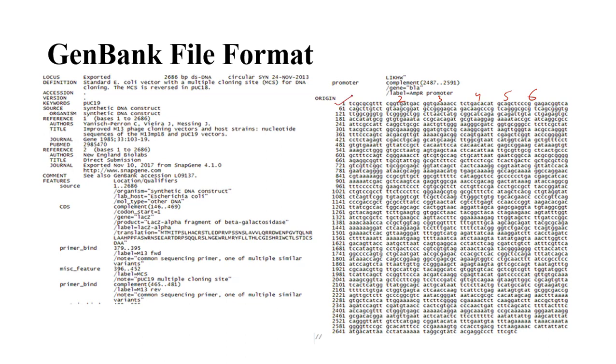The sequence starts from 1, ending at 60; then 61 to 120. In MCQs, in your syllabus MCQs don't come, but if somebody asks, it always starts from 1, then 61, 121.